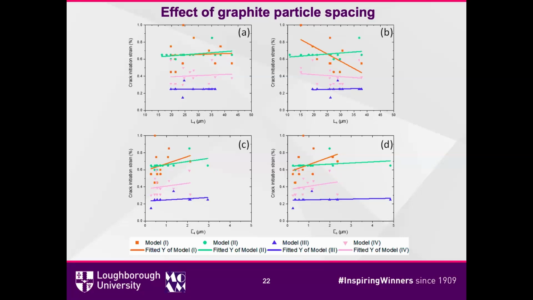And it's the same for model 1 and model 2. The crack will initiate around 0.6 to 0.8, which is in good agreement with the experiment. However, for model 3 and model 4, the crack initiates earlier than what we have observed in the experiment.